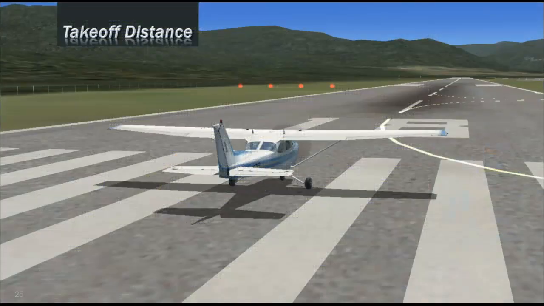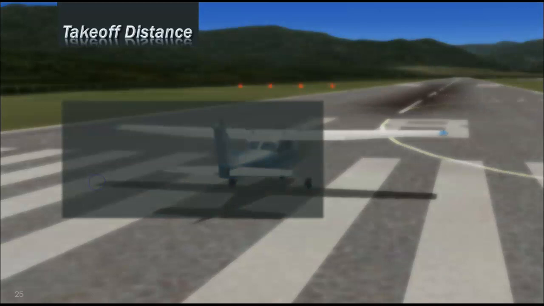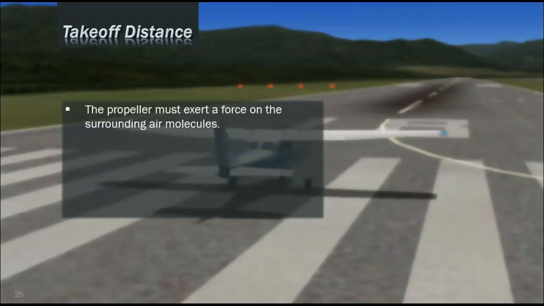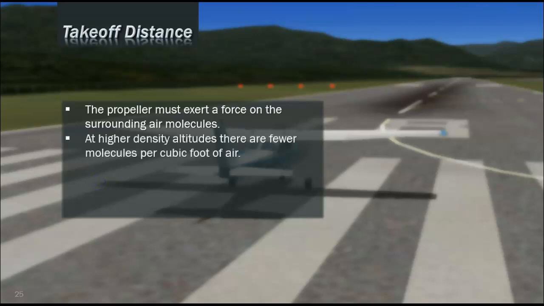Now takeoff distance is one of the most important performance calculations that you will be doing, and you need to do that for every single flight. Takeoff distance is influenced by how much force the propeller can exert on surrounding air molecules. And the higher the density altitude, the fewer molecules per cubic foot.